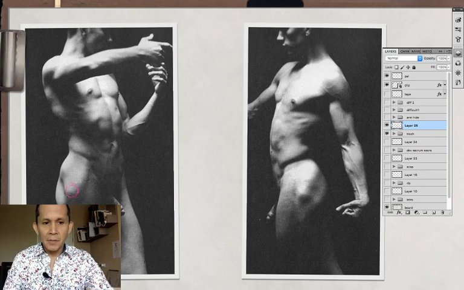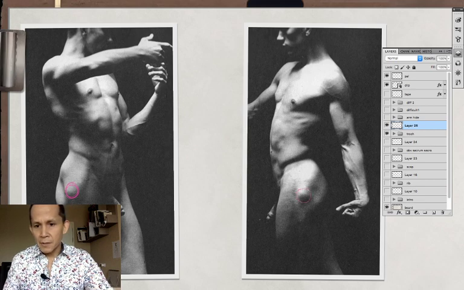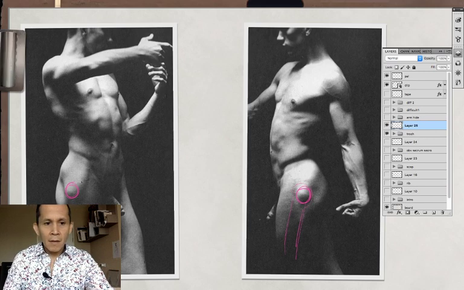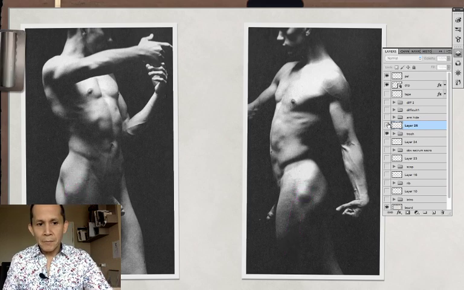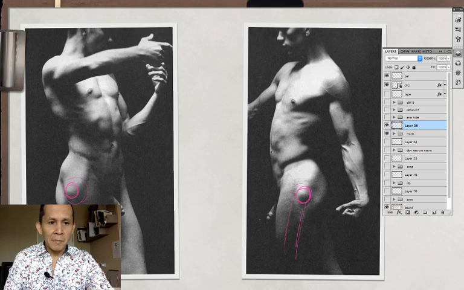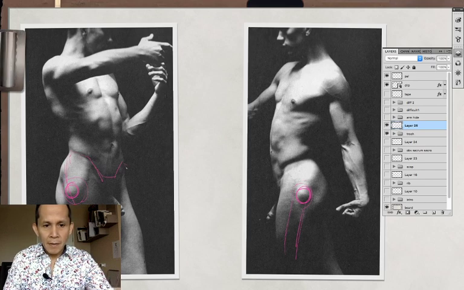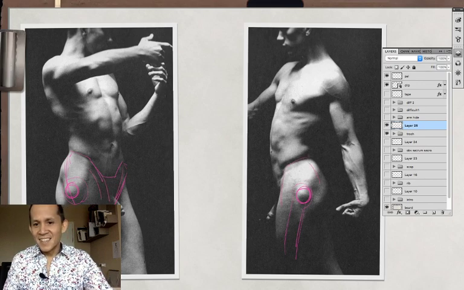It's the head of the leg bone, and on this model, it's really obvious. See that bump? And that bump is important because it'll help you to find the pelvis.